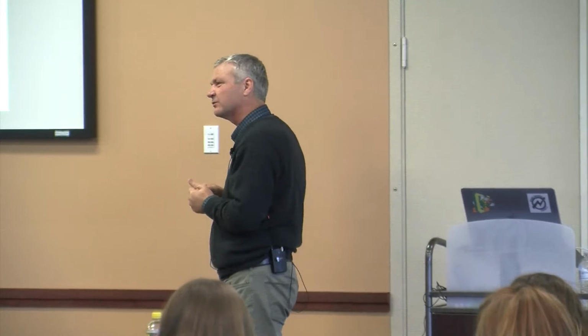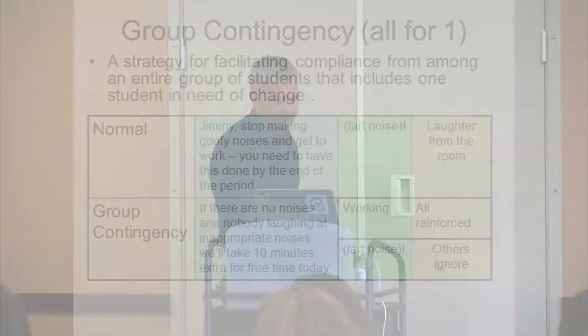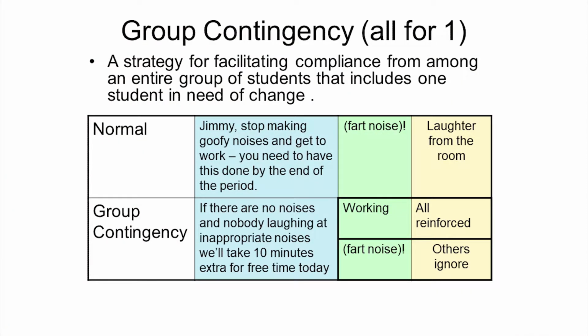All right, let's dive into tricks. When we think about tricks, we're going to think about, again, places where it's not been working so far. So I've got 3 big ones that I want to start with. The first one is the group contingency. A group contingency is when we say, hey, if everybody here gets all of this, we all get all of something.